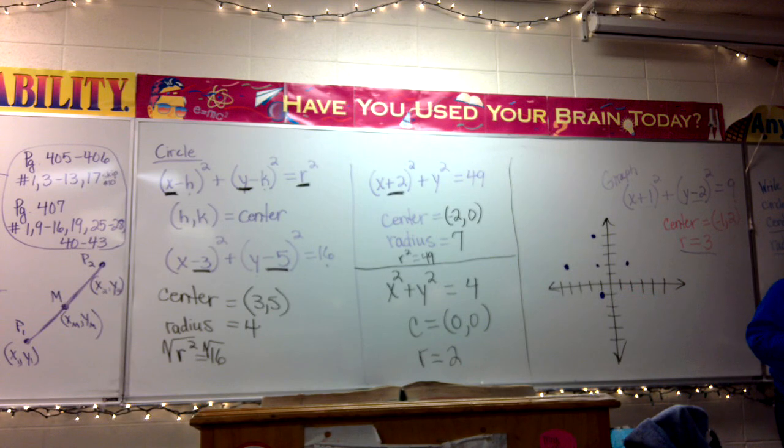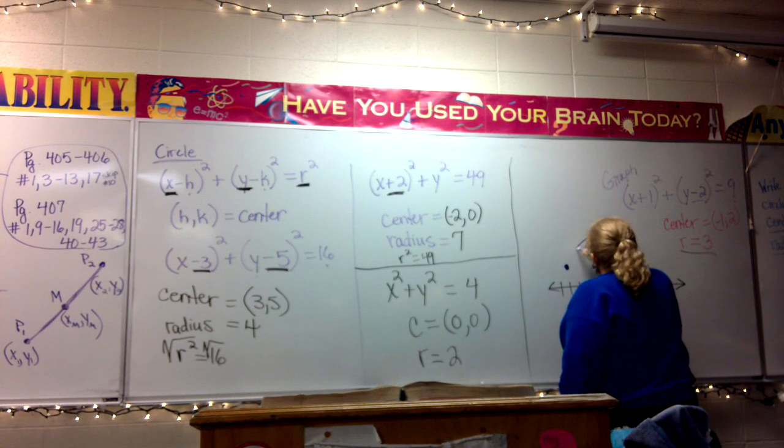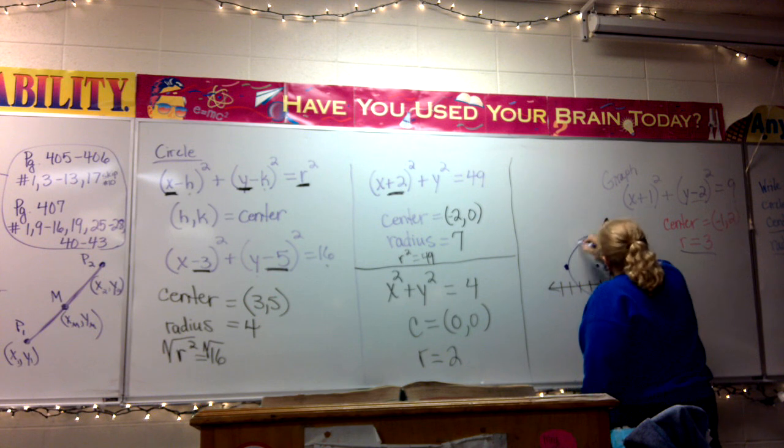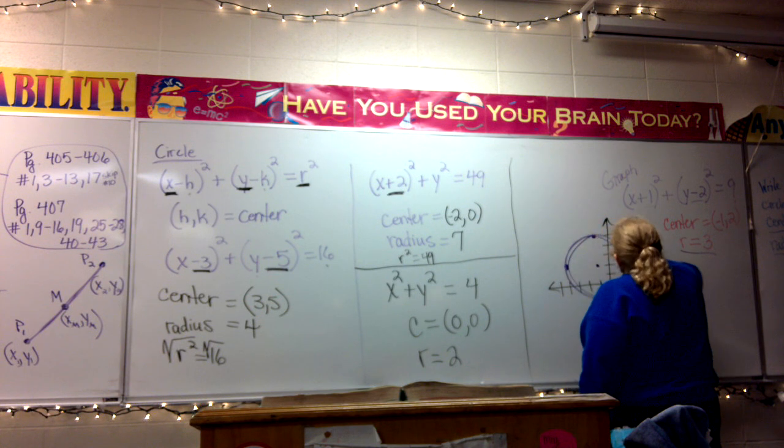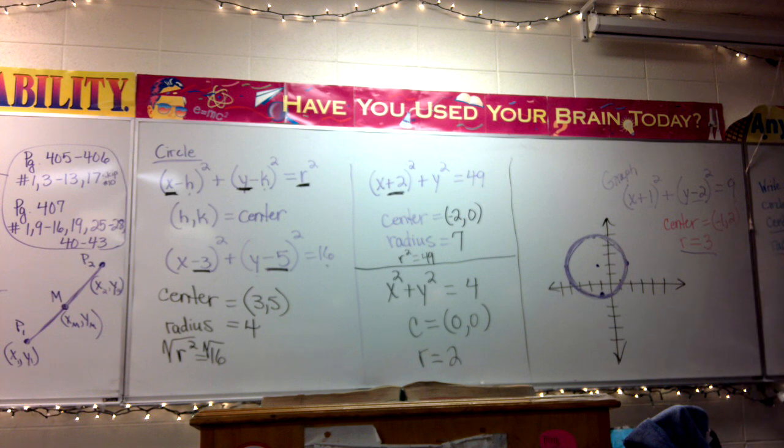And from there, don't draw a diamond, please. Circles have no corners. If you go around a couple of times, look how nice that looks. Mine's kind of an oval, but we'll work with it.